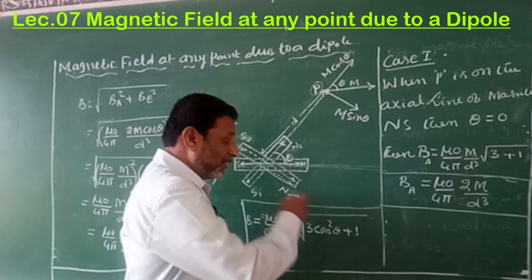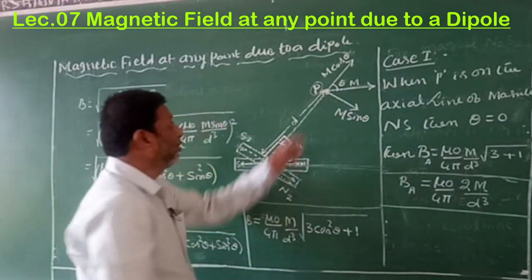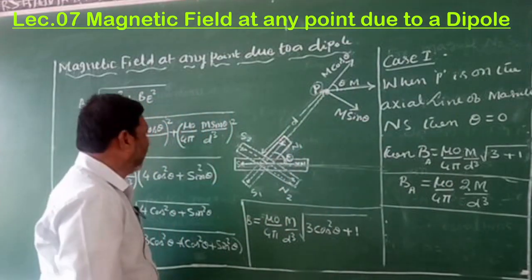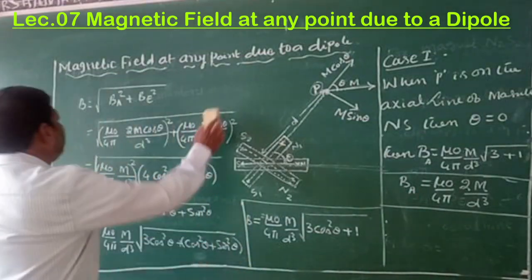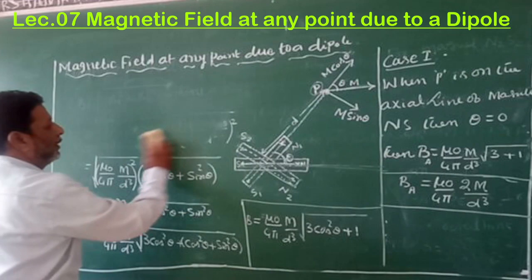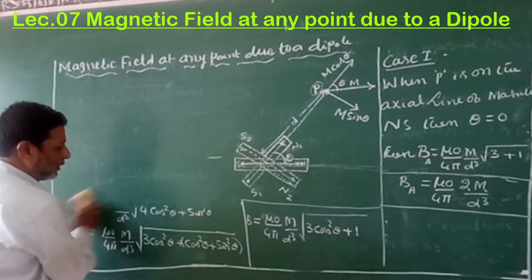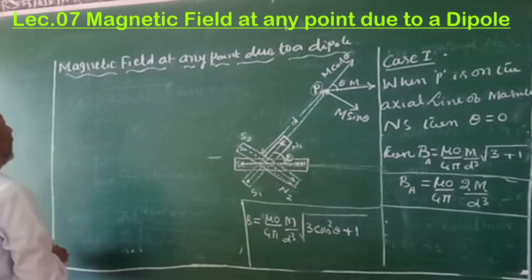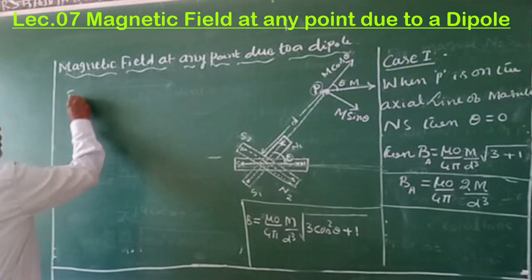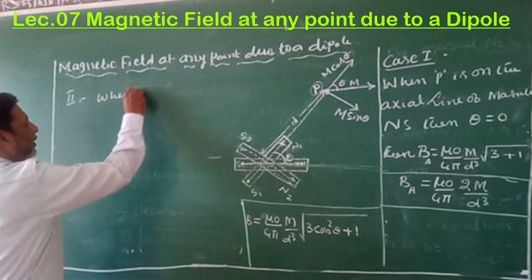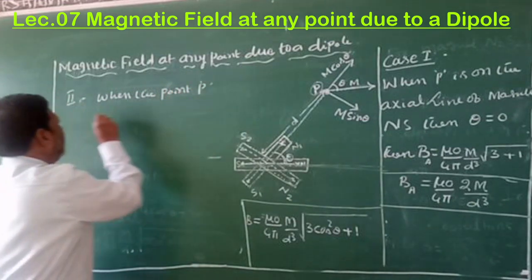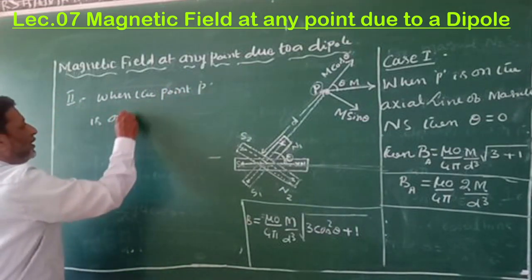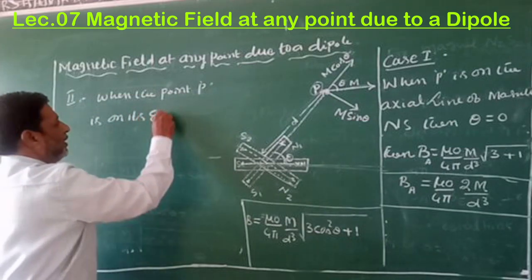Next, when the same point comes on the equatorial line, then you see here what you get. The special case, I will write it here. Second case is when the point P is on its equatorial line.